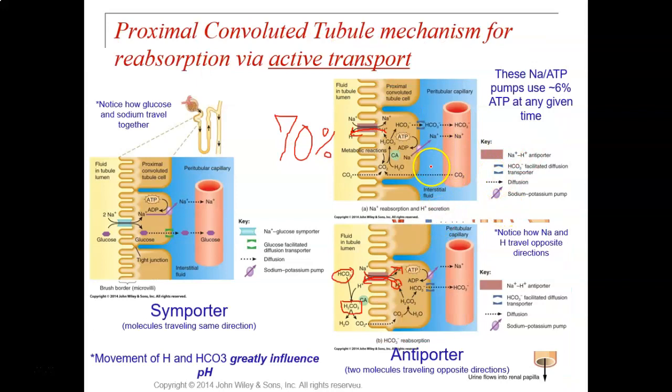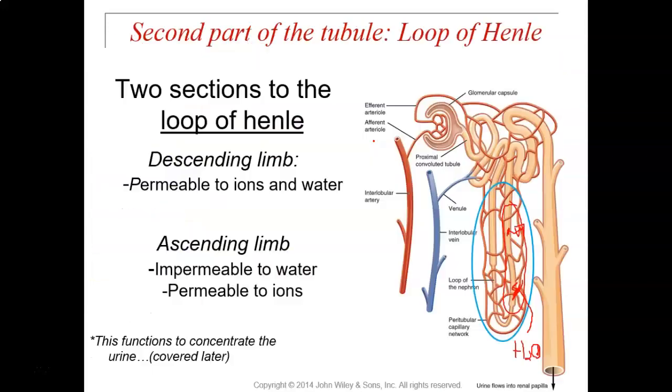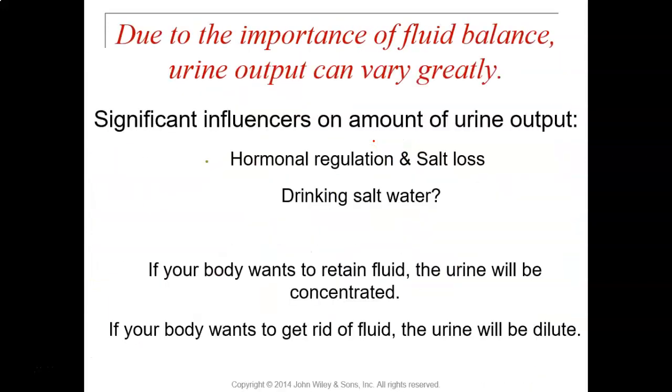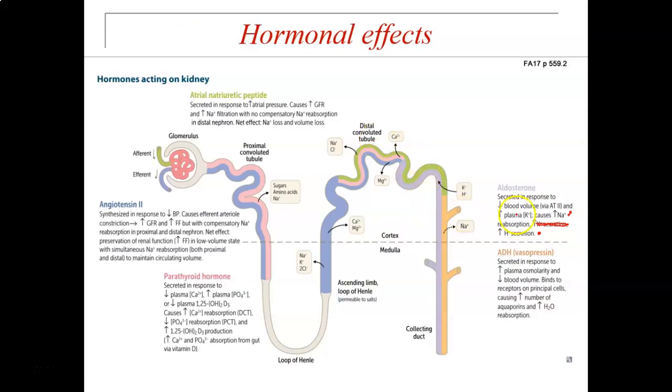How sodium goes one way, hydrogen has to go the other way. That's the way aldosterone functions. I'm just going to draw some red squiggly lines around here. Let's imagine these red squiggly lines represent the blood vessels, the vasa recta.